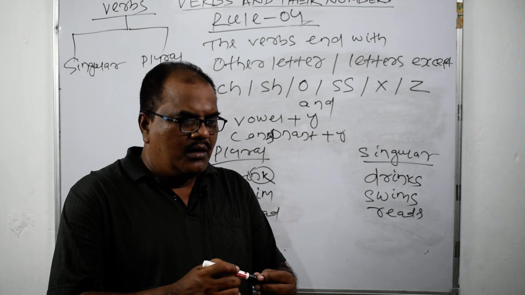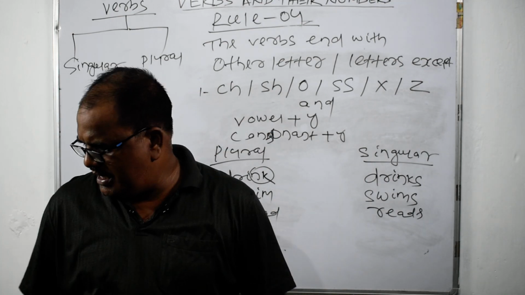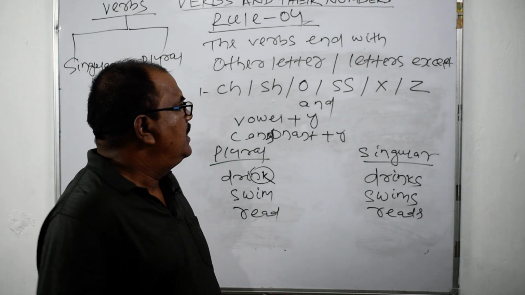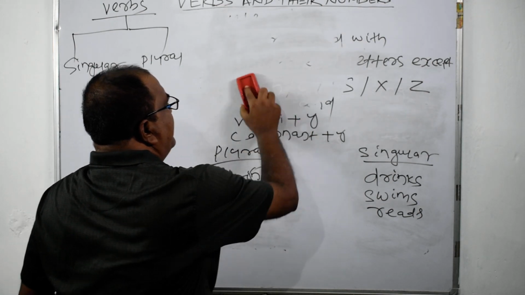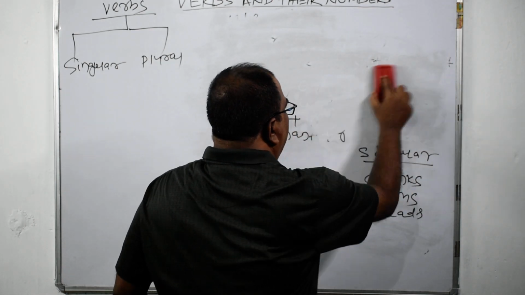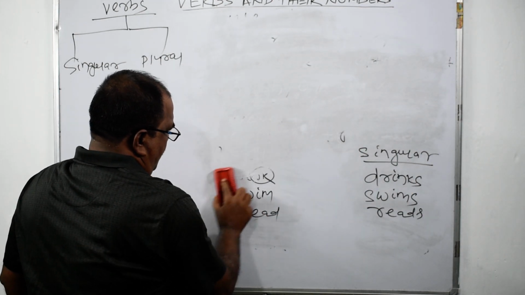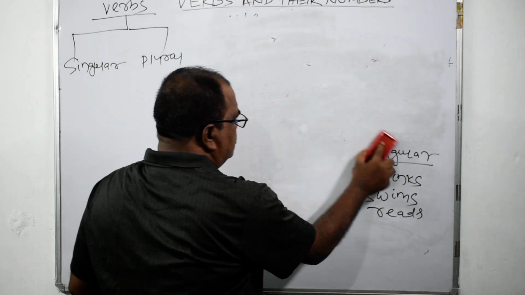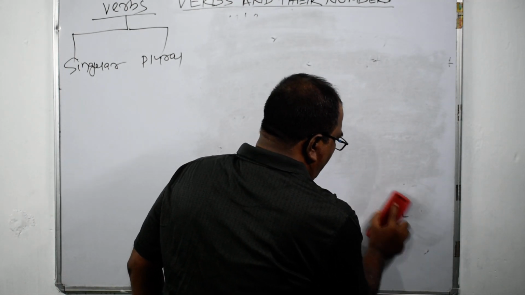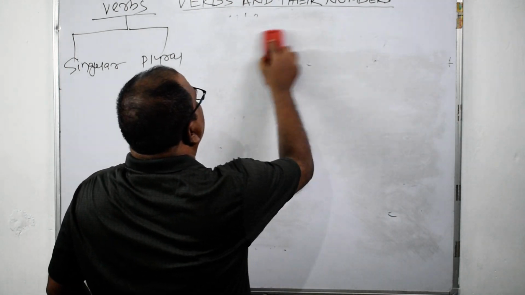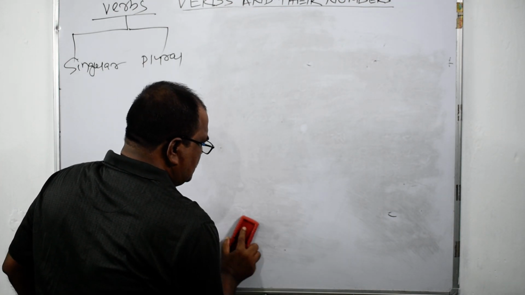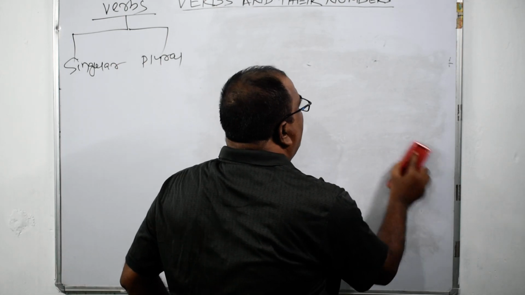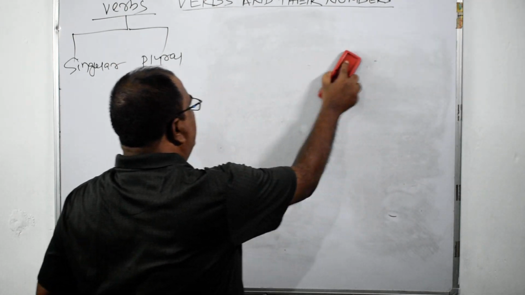So, from these four rules, it is very clear that the verbs have both singular and plural form. Now, we'll discuss how we will recognize which verbs are singular, which verbs are plural number in a sentence.